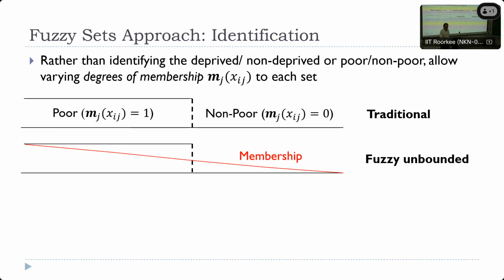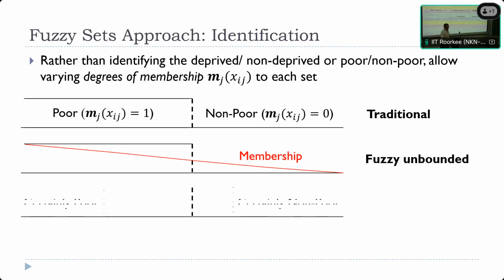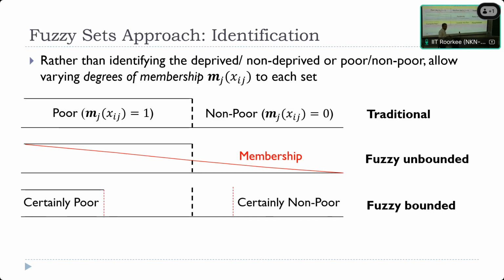Then they have the other idea of fuzzy bounded. They say you should have two bounds, a lower bound and an upper bound. These people are certainly poor. These people are certainly non-poor. Suppose this is $0.75, this is $1.25, and this is where $1 stands.